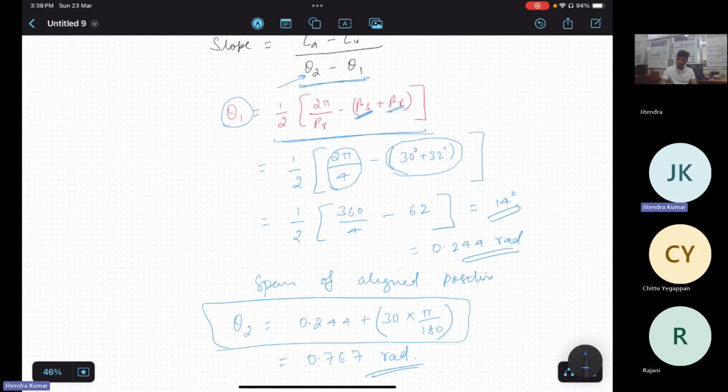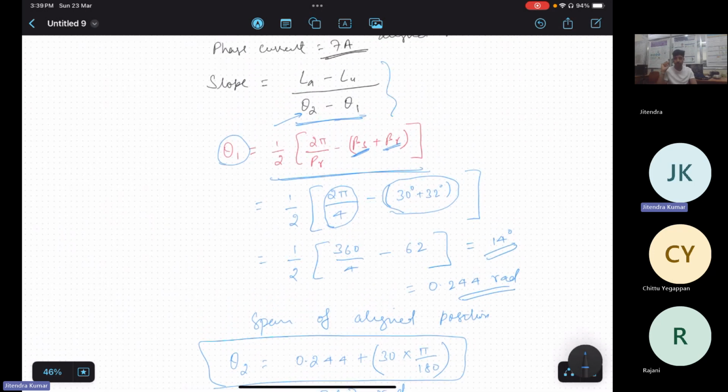Now we will plug theta 2 and theta 1 into the expression of slope to get the value of dL by d theta.